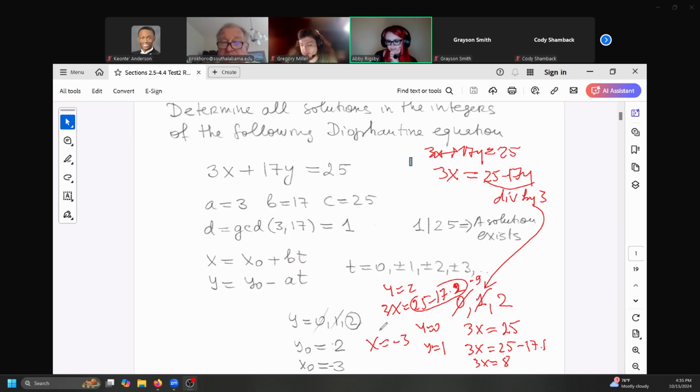So we can see only one value works: y equals 2. And for this value y equals 2, we get x equals negative 3.